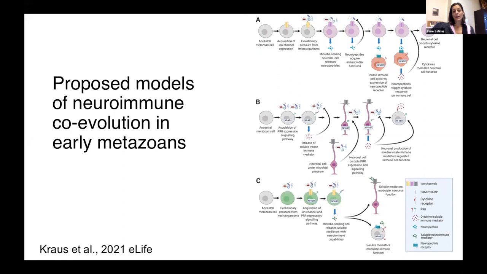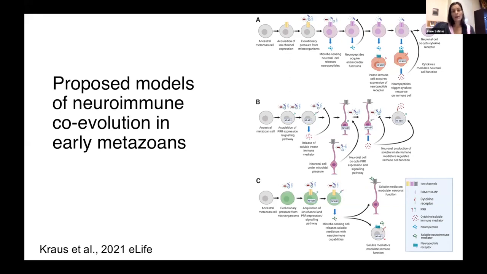But we think that this is based on very essential blocks, such as ion channels that you can see here in this ancestral metazoan cell, or acquisition of pattern recognition receptors or NF-kappa B signaling pathways, or perhaps a combination of the two under microbial pressures that led to the production of perhaps originally molecules that were supposed to regulate neuronal responses, but quickly co-opted functions to perhaps have antimicrobial functions, just to give a few examples.